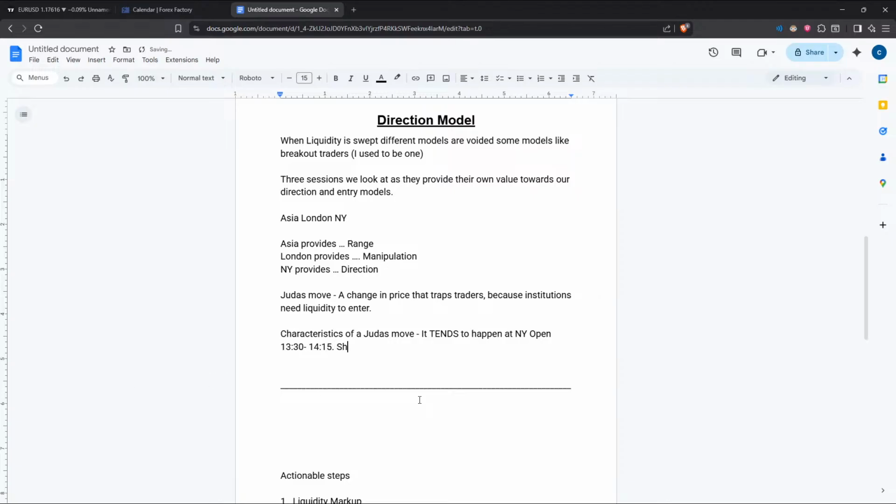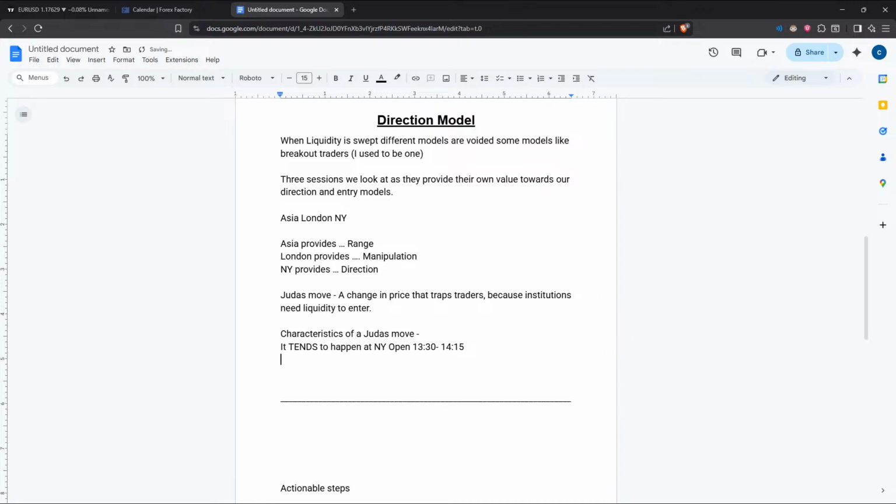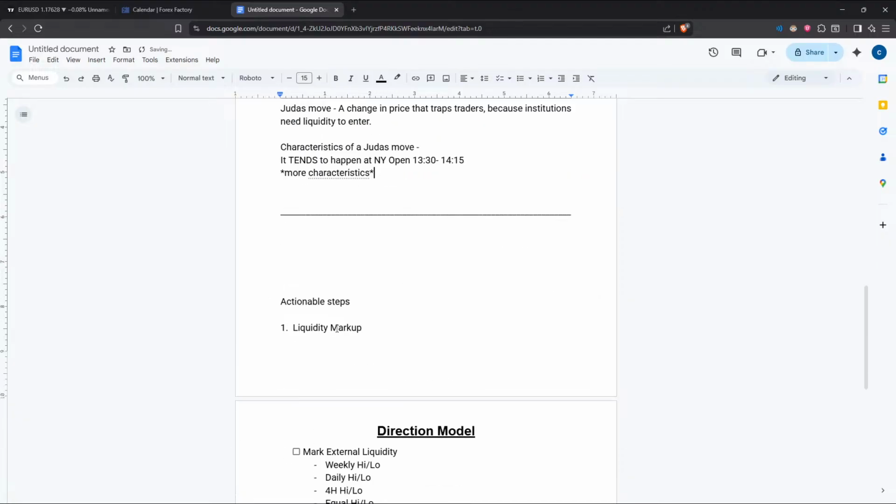Well, it's normally sharp. Not always, actually. It's probably a list format. We'll come into that later. Let's make a note: give more characteristics. That was spelled so badly. Whatever.